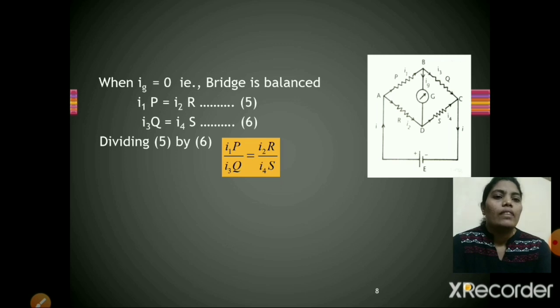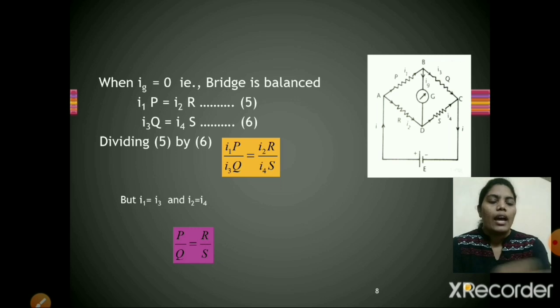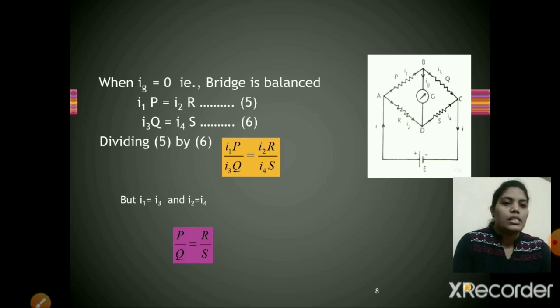Now if we divide equations 5 and 6, dividing equations is nothing but dividing both the left-hand sides and both the right-hand sides, we get I1P divided by I3Q equals I2R divided by I4S. As we have equations 3 and 4, I1 equals I3 and I2 equals I4, in place of I3 we can substitute I1, and in place of I4 we can substitute I2.